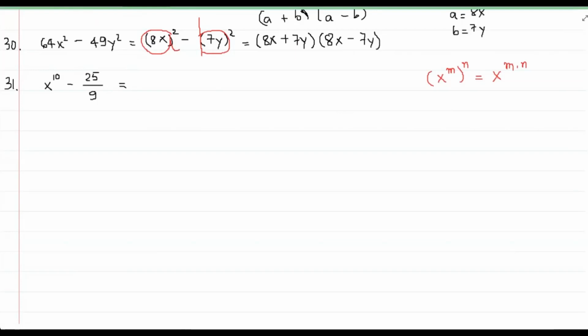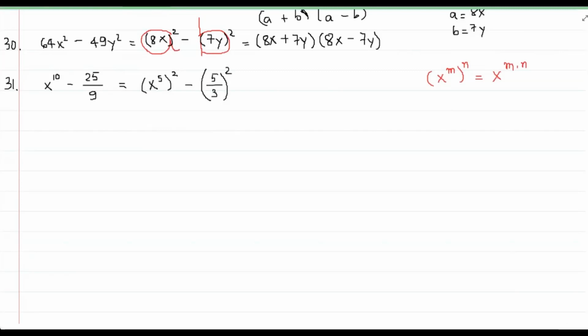So I will rewrite one more time: x to the power of 5, to the power of 2, because 2 times 5 is 10. And then subtract 25 is 5 squared, 9 is 3 squared, so 5 over 3, the whole thing squared.